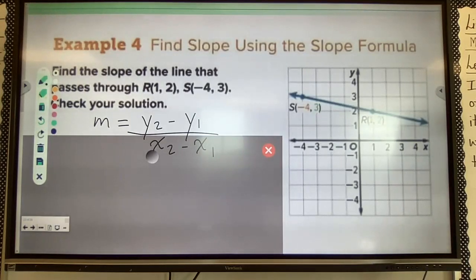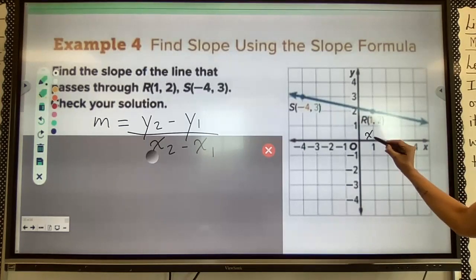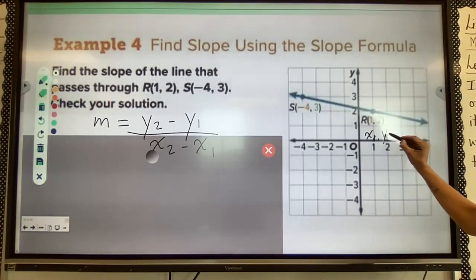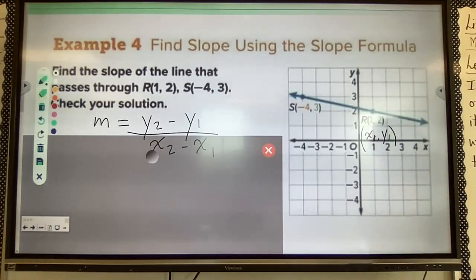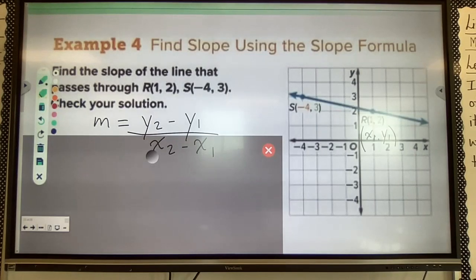So let's look at the change in y. We have x1, y1 is going to be (1, 2), and x2, y2 is going to be (-4, 3). So again, this is x1, y1, and then I have x2 and y2.